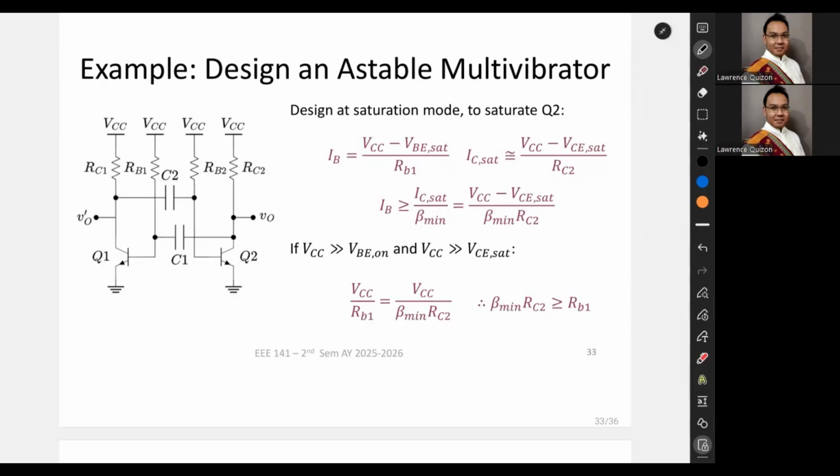If VCC is much greater than VBE on, we can simplify this and remove these from the equation. We get VCC over RB1 greater than VCC over beta min times RC2. We find that beta min times RC2 has to be greater than RB1.